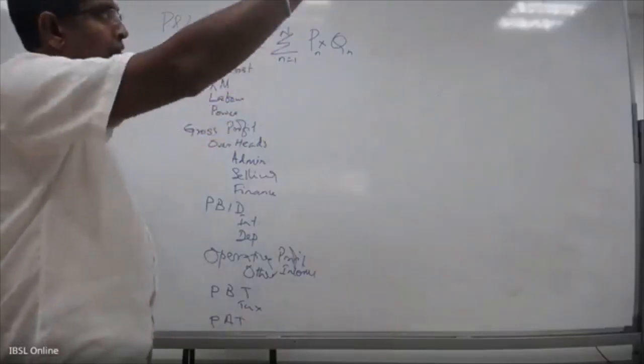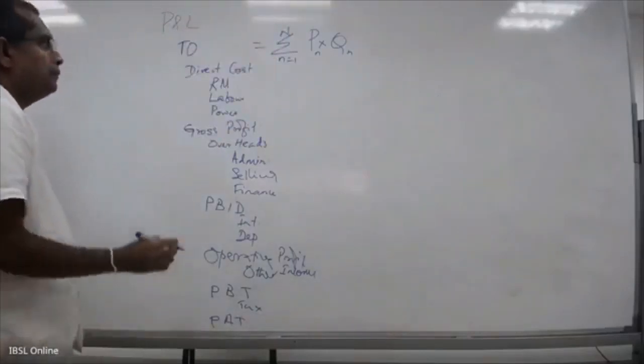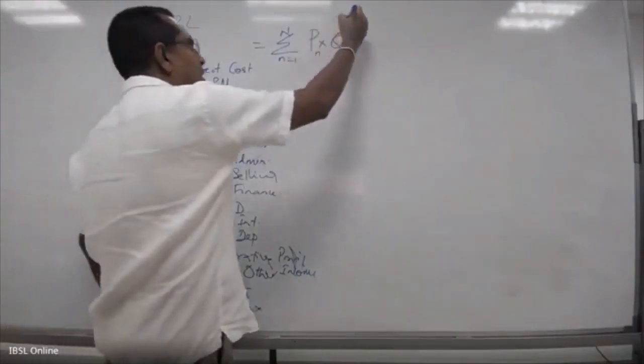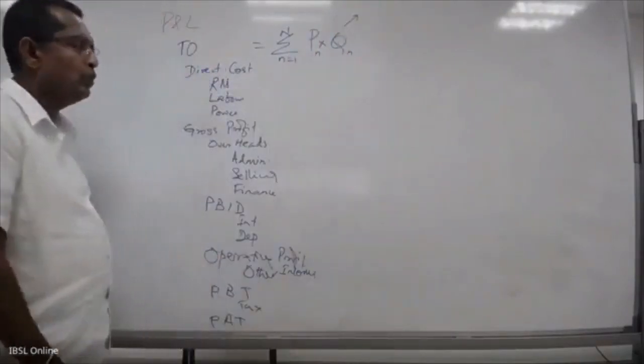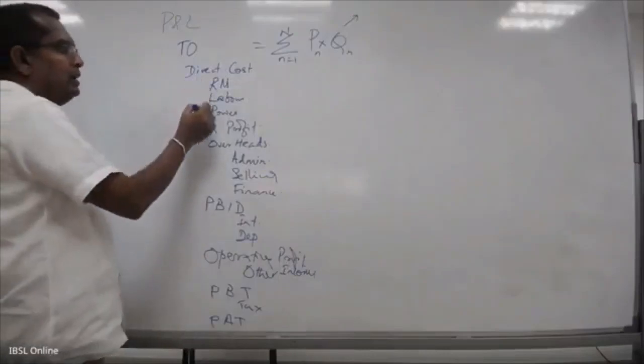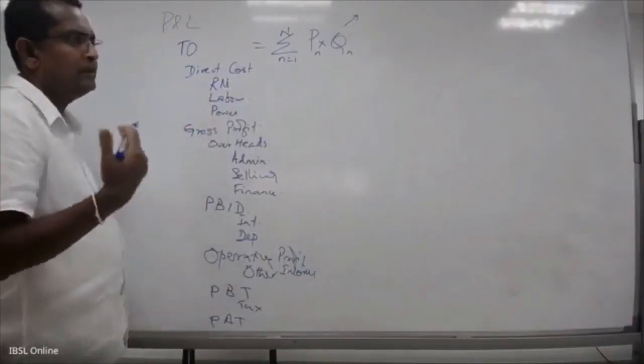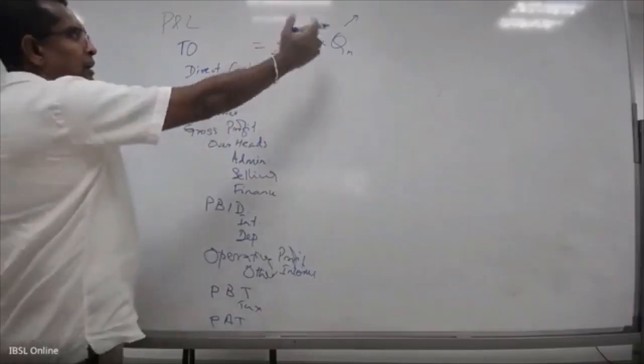Any cost which changes with the number of units sold is called a direct cost. Raw material, labor, and power we consider as the main direct costs.